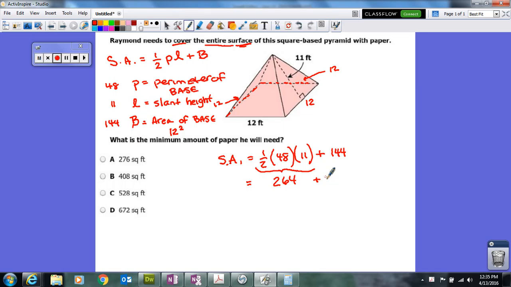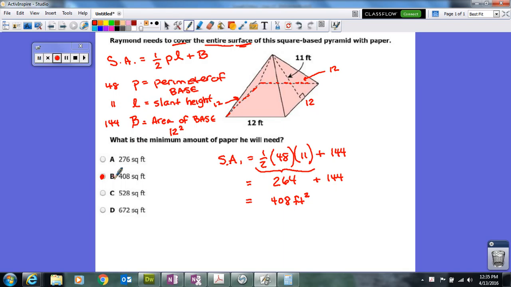And then of course I still have to add 144 onto that. So that gives me a grand total of 408. And since our unit is feet, and since we're finding surface area, we're not finding volume, we are going to square our unit. So the correct answer among the answers provided, 408 square feet.